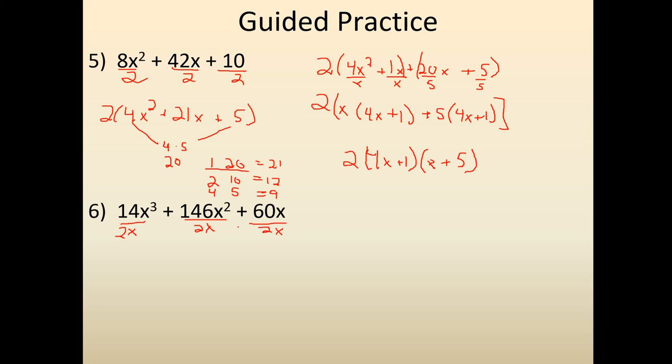All right. So when I divide by 2x, I end up getting 7x squared. 146 divided by 2 is plus 73x, and 60 divided by 2 is plus 30.